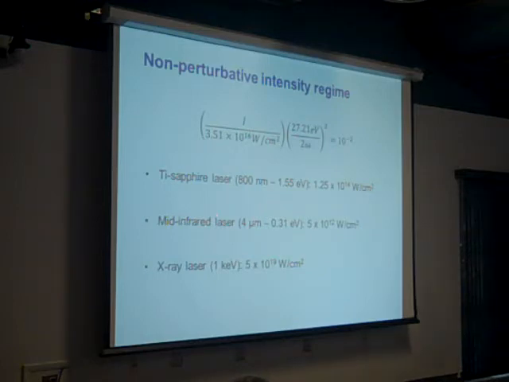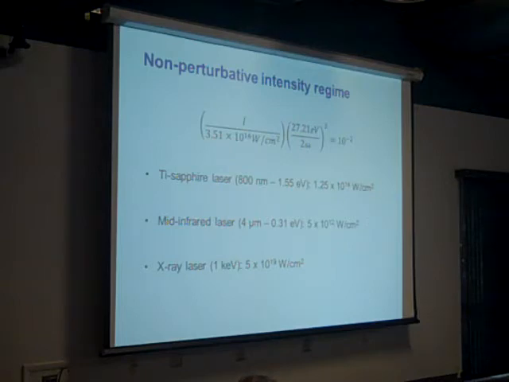Some of these lasers work at about 4 micrometers. This is 0.3 electron volts, and you see the intensity changes a lot, and you would expect that perturbation theory breaks down at something like 5 times 10 to the 12 watt per centimeter squared. So it's a much lower intensity already. So that is not a universal intensity, but it changes.